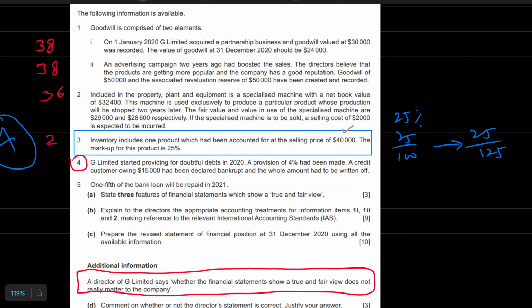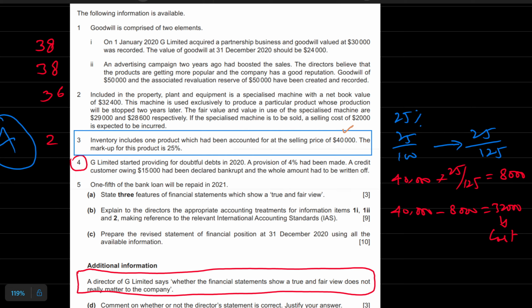So 40,000 into 25 over 125 will be equal to 8,000. So 8,000 is the profit included in the inventory. So the cost of the inventory will be equal to 32,000.